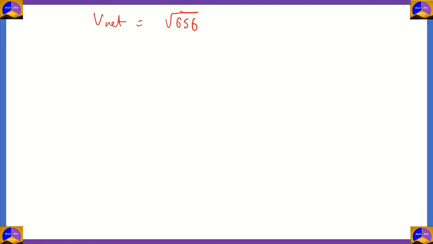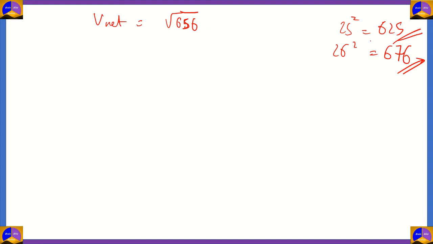However, there's an easy way to work around this. We just need to find the closest perfect squares lying nearby 656. If we look through our square tables, we will know that 25 square is 625 and 26 square is equal to 676.